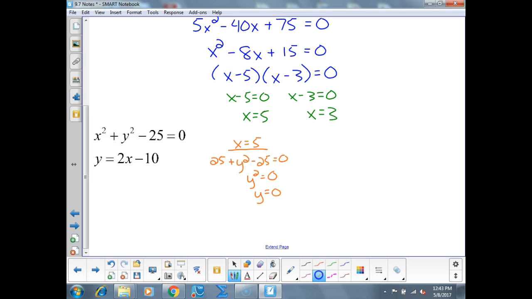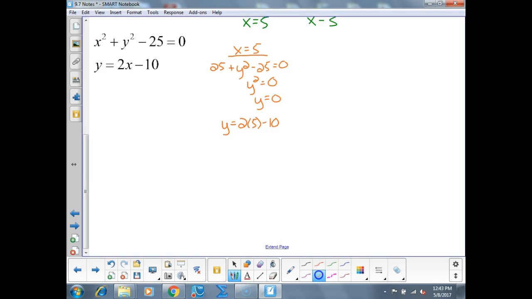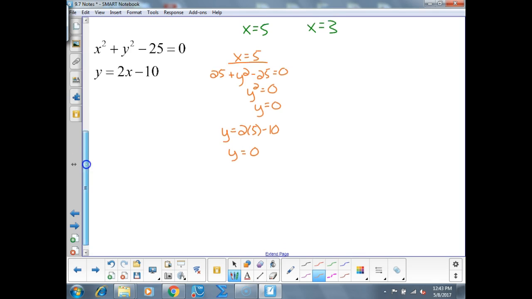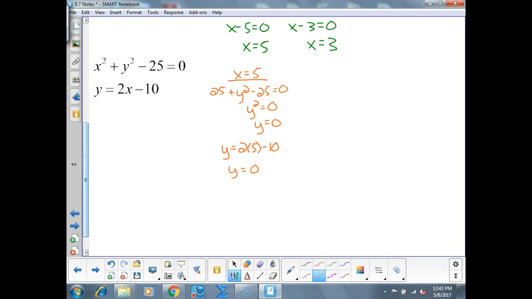In my bottom one, I get y equals 2 times 5 minus 10. 2 times 5 is 10. 10 minus 10 is y equals 0, also there. So that gives me the point 5, comma 0. Agree with that?